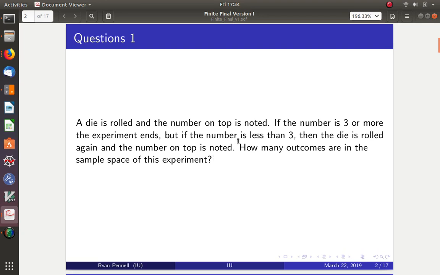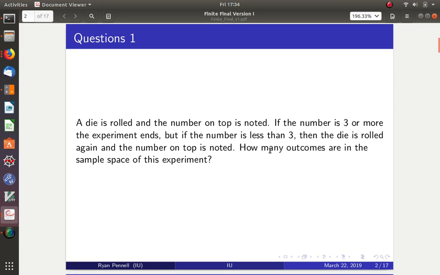So it's rolled again if it's a 1 or 2, and then we roll again, so that would be 1 through 6. So there's 2 ways this can happen, and there's 6 outcomes after that, so that would be 12. And then here we still have this 4, then 12 plus 4 is 16.